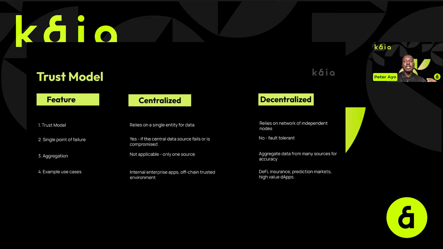Because it only relies on a central data source for getting data, right? Now, for decentralized Oracle, it relies on a network of independent nodes, right? And so, as such, it is not prone to a single point of failure.